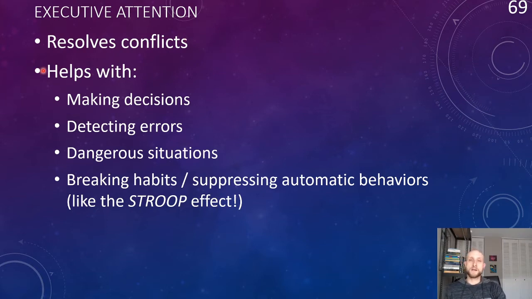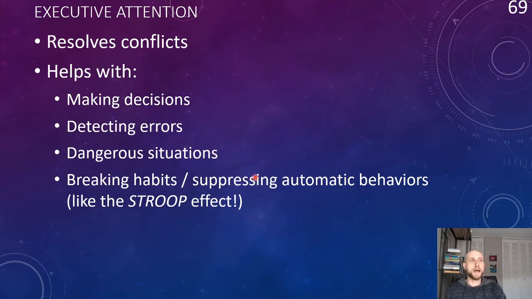But when there's a conflict arising, where a couple of things are grabbing our attention, or there are things we have to deal with that are competing, the executive attention system helps us to resolve those conflicts. So when we need to make decisions on how to allocate our attentional resources, that's the executive attention. If there's an error, having to determine, focus on and process errors, that's the executive attention.